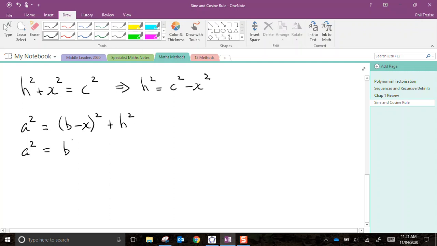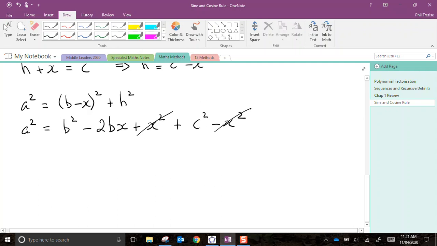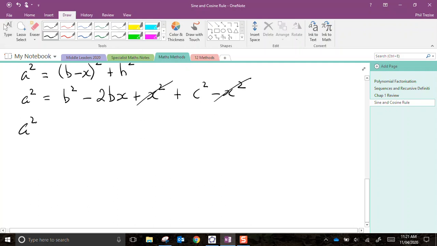Expanding this, I'd have b squared take 2 times b times x plus x squared. Then h squared I'll replace with c squared take x squared. We can see that plus and minus of the same thing disappear.